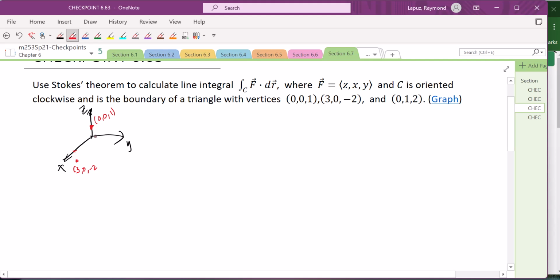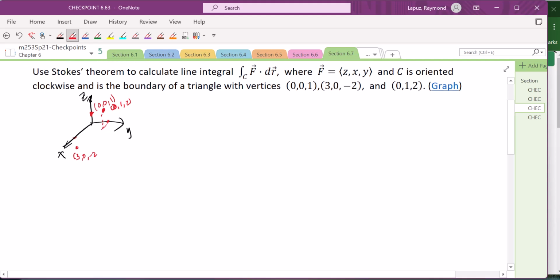And then I have a 0 in the x, 1 in the y, and up 2 units. So 0, 1, 2. Kind of hard to see, but that's more or less how it looks.